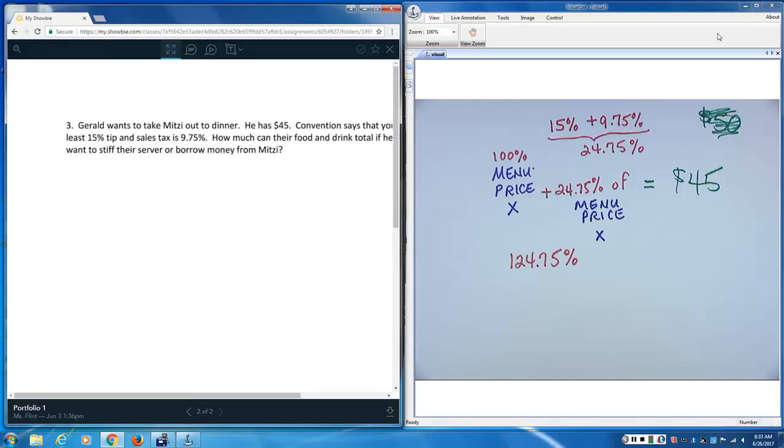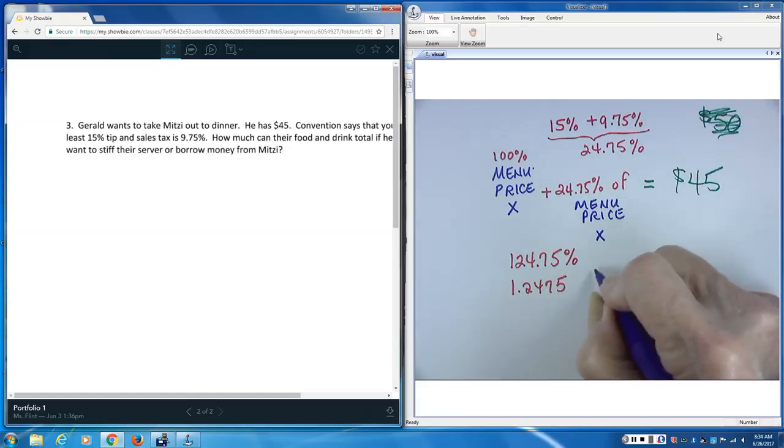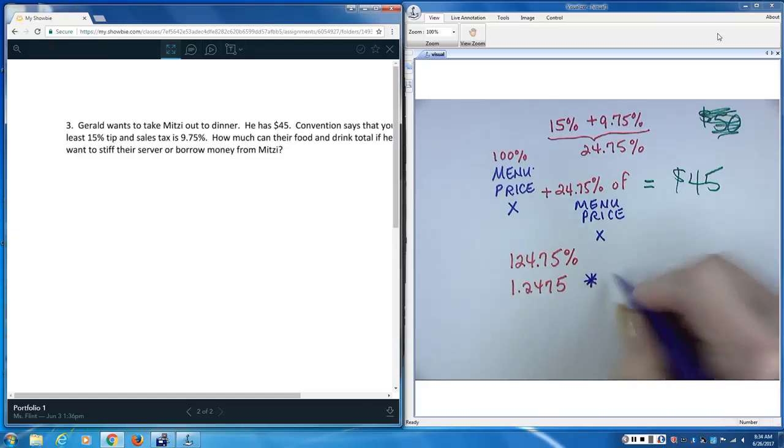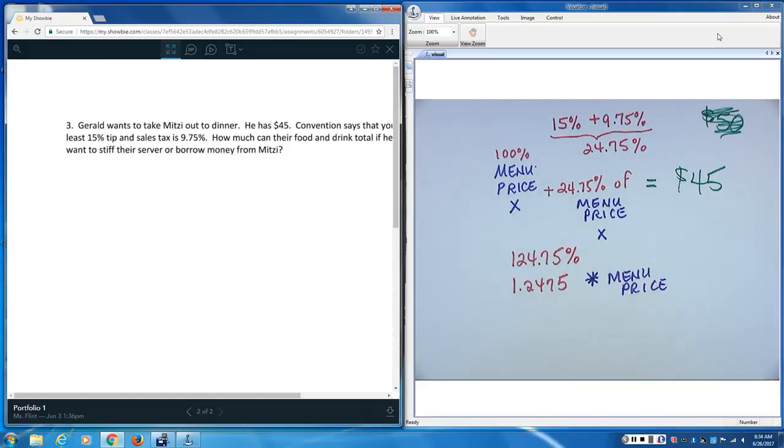So when you change that into a decimal, since you're going from percent to decimal, you're going to move left, 1.2475 times the menu price. And that can't come up to be more than $45.